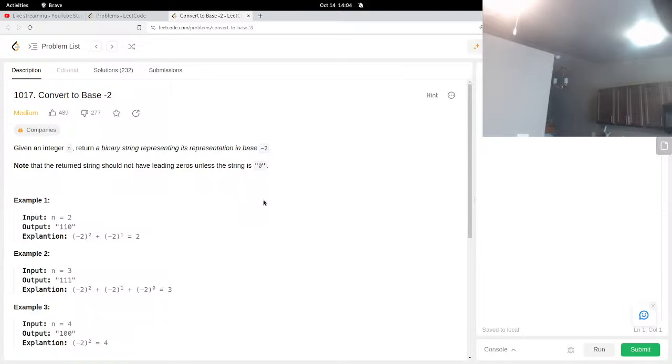You basically just get negative 2 to the 4th, well, subtract 2 to the 4th is what I should say. Yeah, this would end up just being 1, 1, 0, 0, 0, 1, 1, base negative 2.